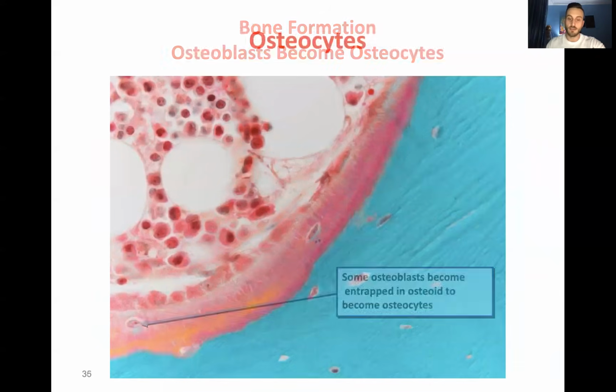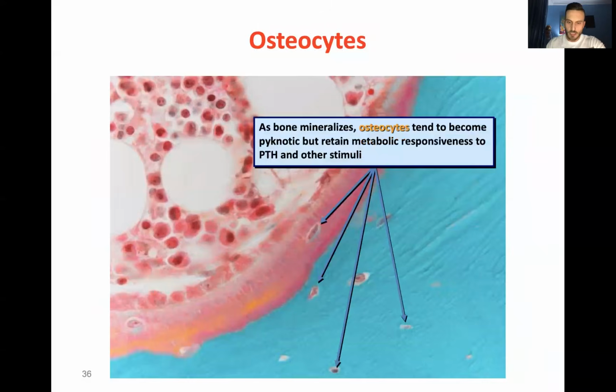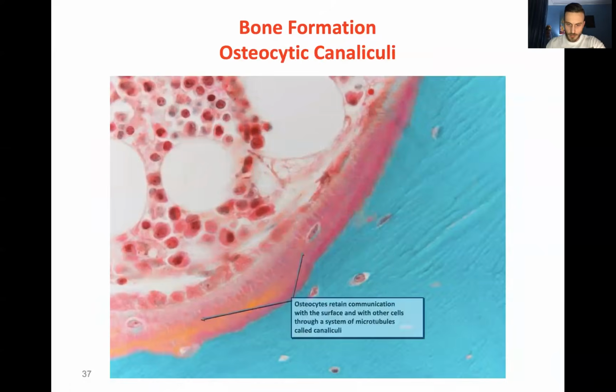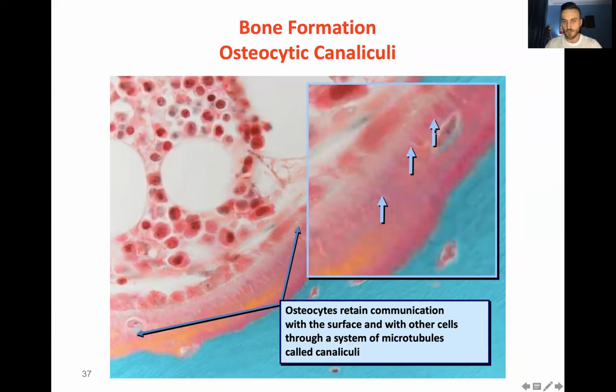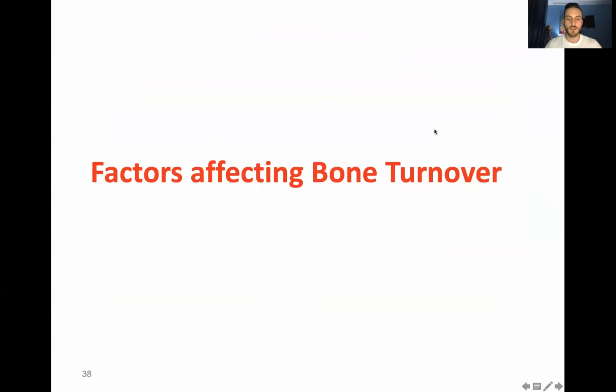They are inside here. And if you look here, you can see there is some remaining communication between the surface of the bone and the osteocyte, so it gets its nourishment. It's very obvious in these arrows.